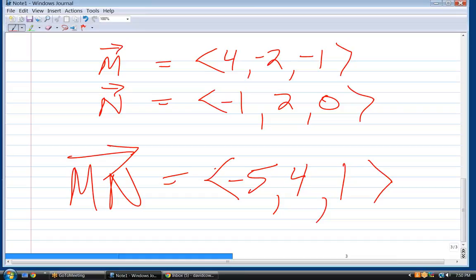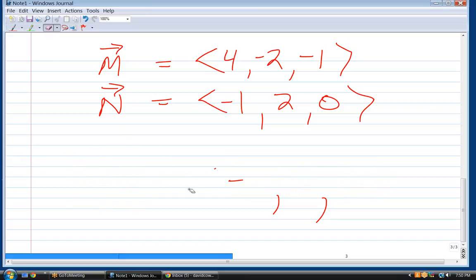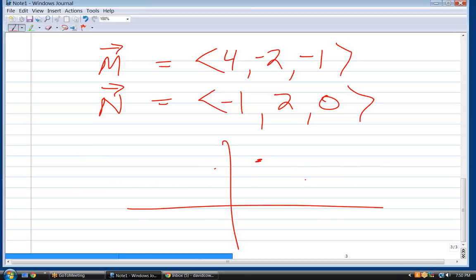So then, how about when it asks, like, the distance between M and N? That is applying the distance formula in 3 dimensions. Let's talk about the distance formula in 2 dimensions. I have a point there and a point there.